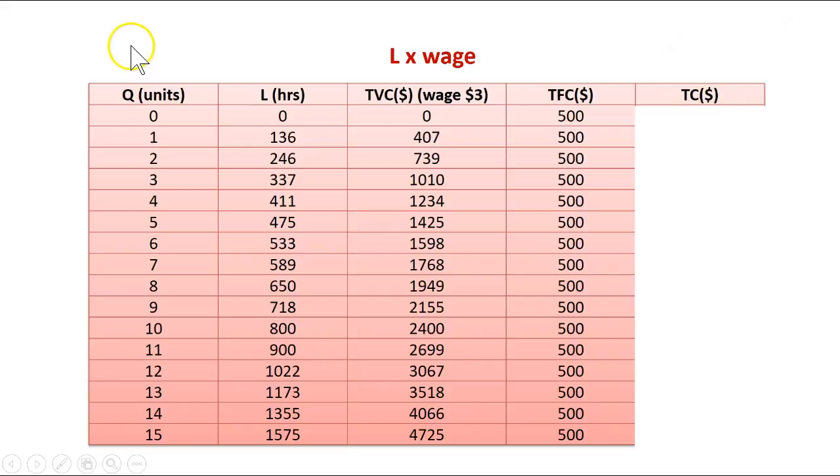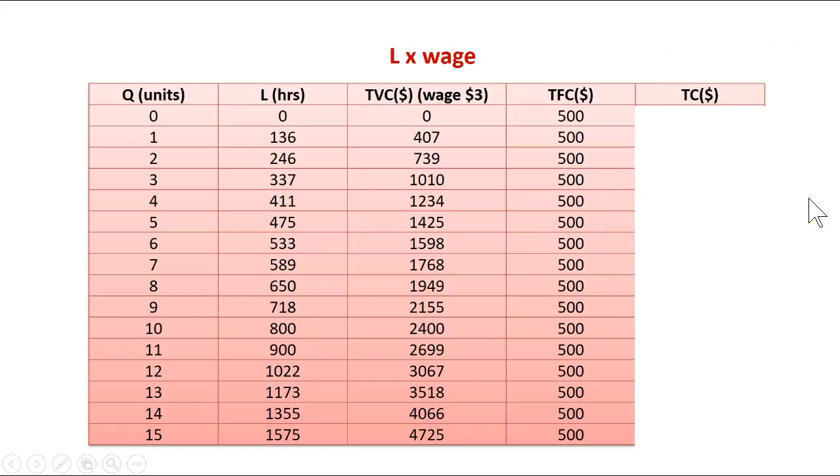The machinery and the equipment in the factory has been paid for at the very beginning. So whether the firm produces nothing, it's still paid $500 for the capital. If it produces 5 units, it's still already paid the $500 in capital for the machinery and equipment and so on.